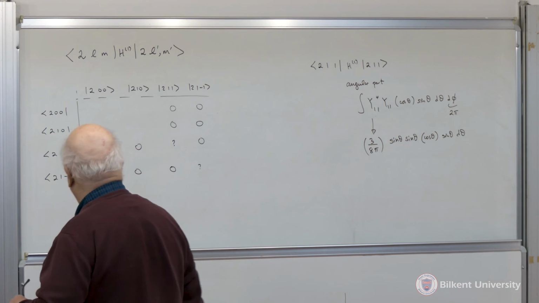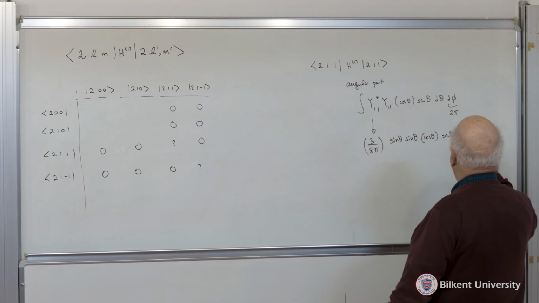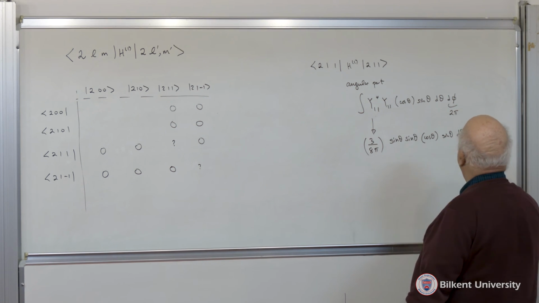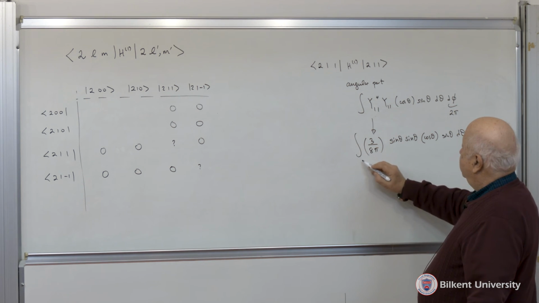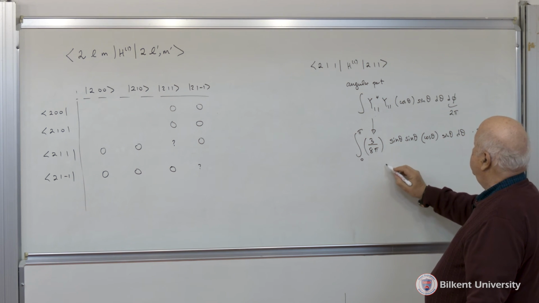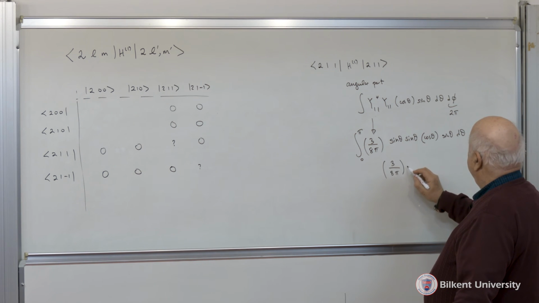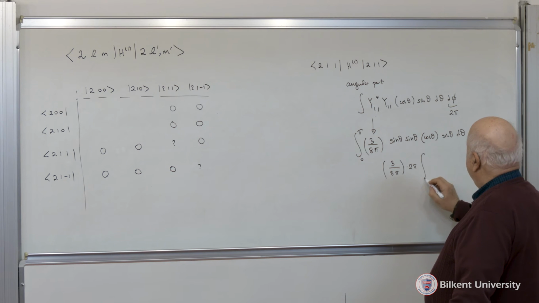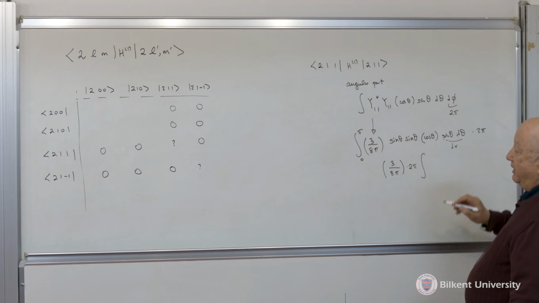Same type of arguments that we did last time. Let me just put the 2 pi from the phi integral over there, and this is a theta integral from 0 to pi. So what this becomes equal to is 3 over 8 pi times 2 pi. This thing here I'll convert into a dx.